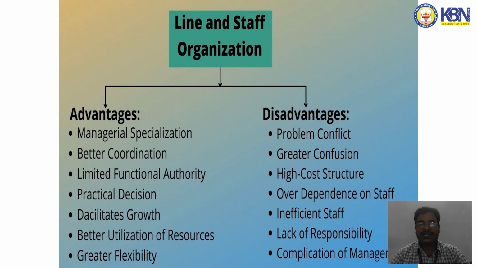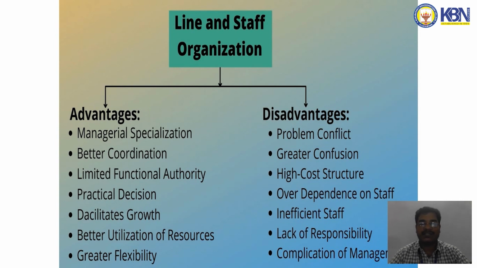When we come across the disadvantages of line and staff, there is a problem of conflict between the line and staff. There are some egoistic factors, and some negativities can develop between line and staff people.